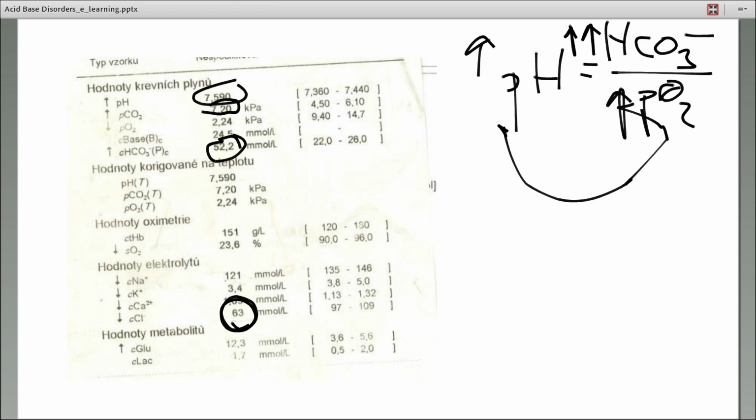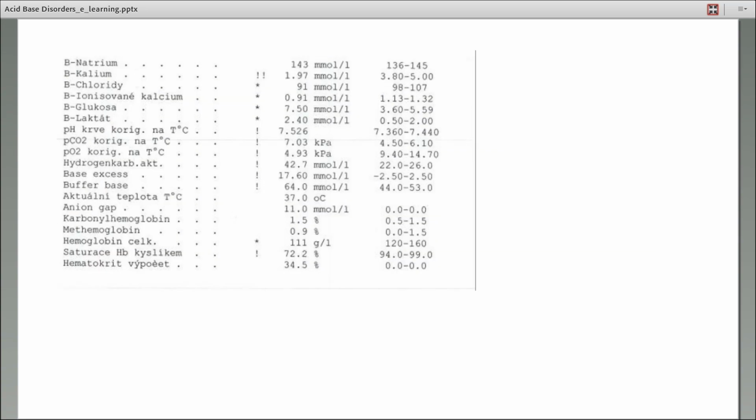Chloride responsive metabolic alkalosis is caused by loss of chlorides, in the majority of cases by losing gastric juice, either by extensive vomiting or by some gastric drainage. So that is this case. You may see very low chloride levels that cause this chloride responsive metabolic alkalosis. In this case, saline is the treatment of choice.